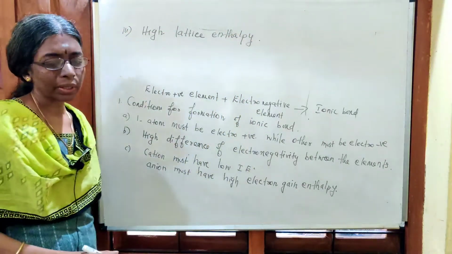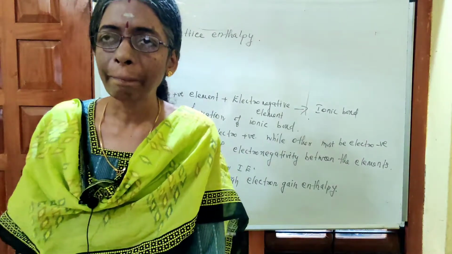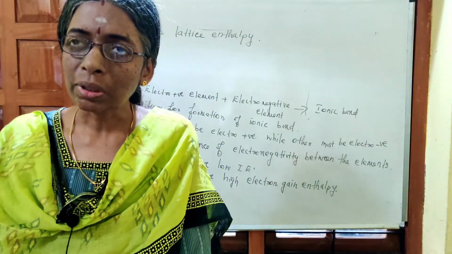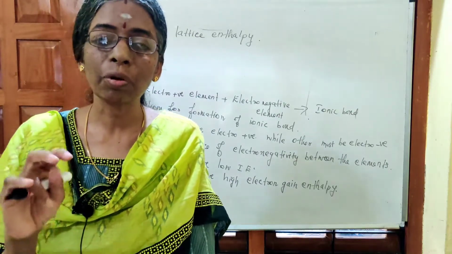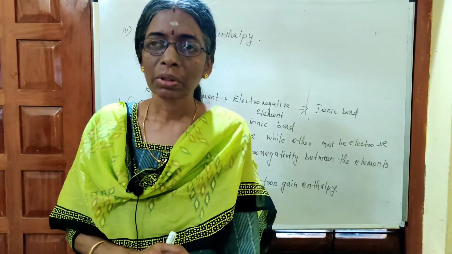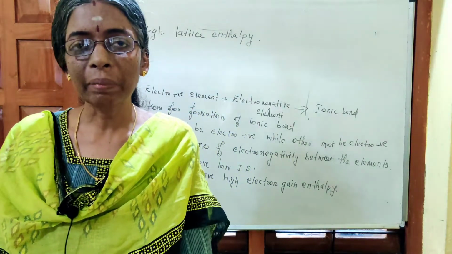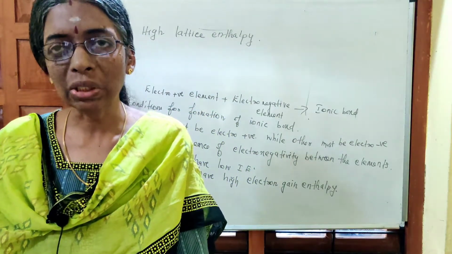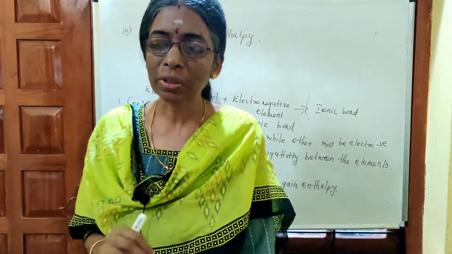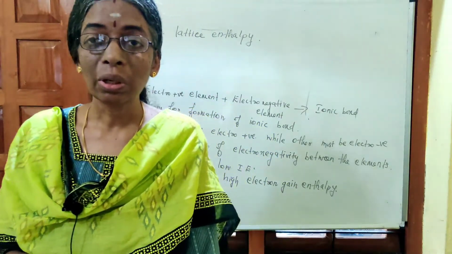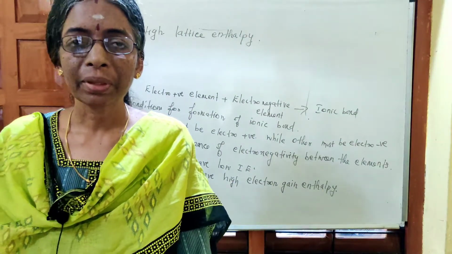Okay, so what are the conditions? Number 1, electropositive element and electronegative element, they form ionic bond. So electropositive element must be cation, electronegative element must be anion, right? The electropositive element must have low ionization energy.